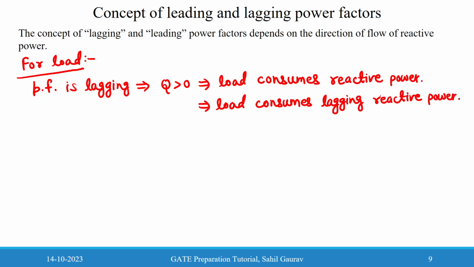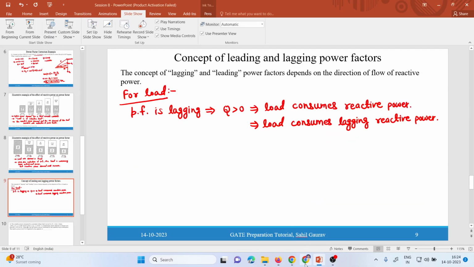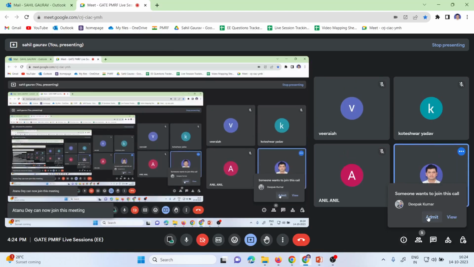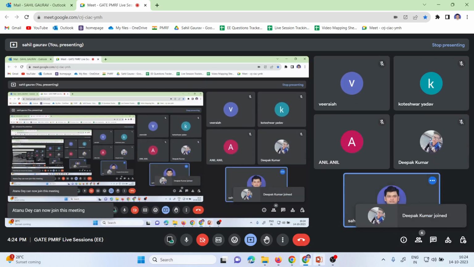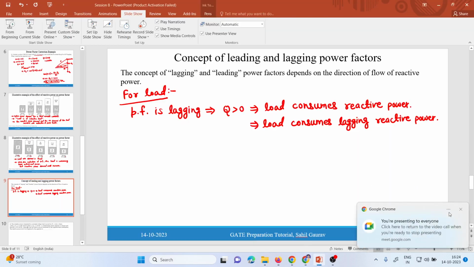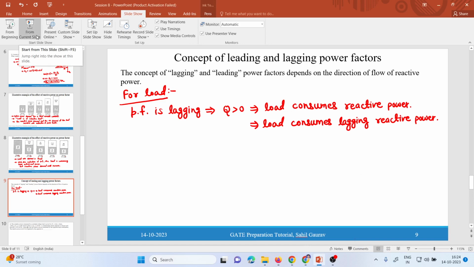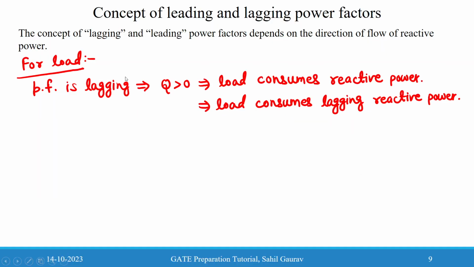Now in a similar way, one can also write in terms of leading reactive power. So how can you tell about this leading reactive power?